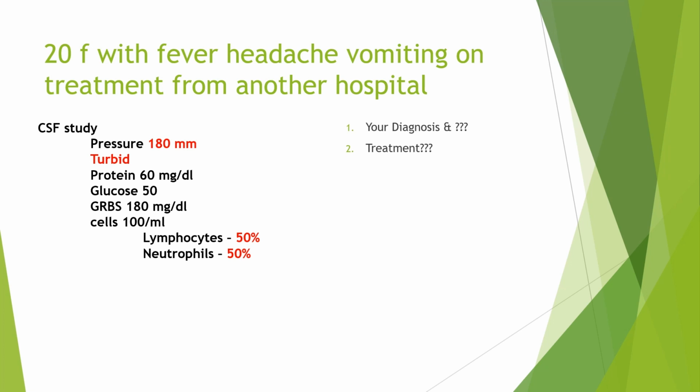As you can see, this patient is coming from another hospital, and apparently she has received antibiotics from there. So your diagnosis is a partially treated pyogenic meningitis, the CSF glucose is still low. So we have to find out the possible organism, go for a blood culture, PCR, and continue the antibiotics.